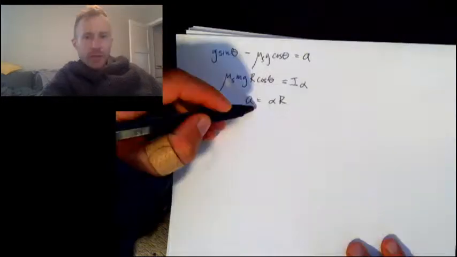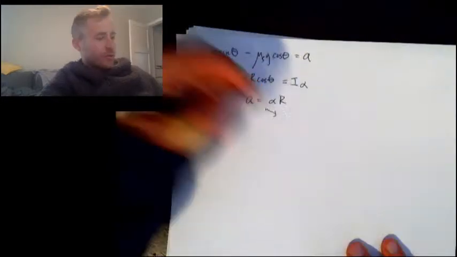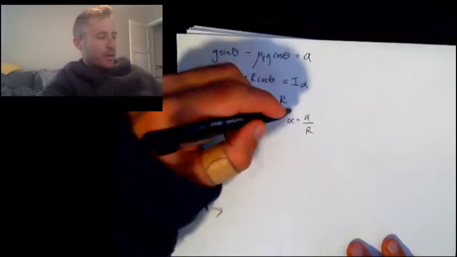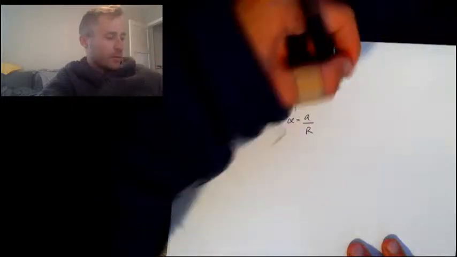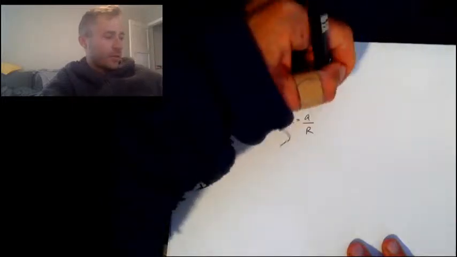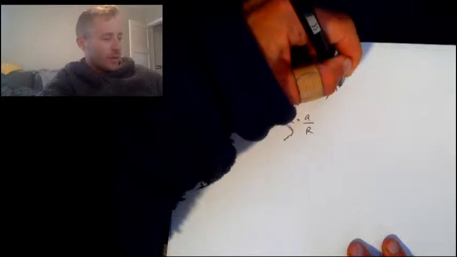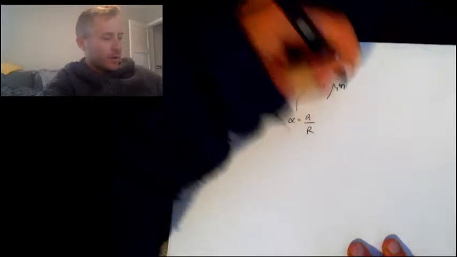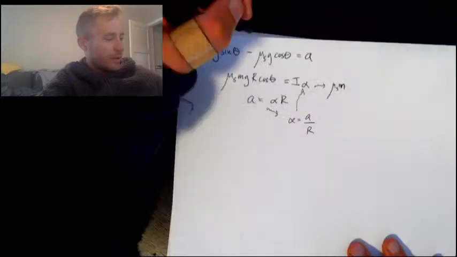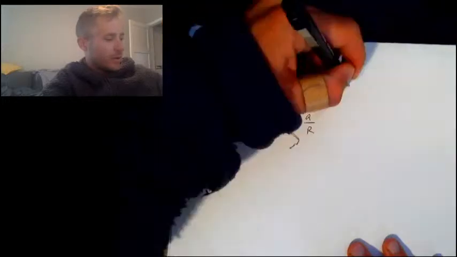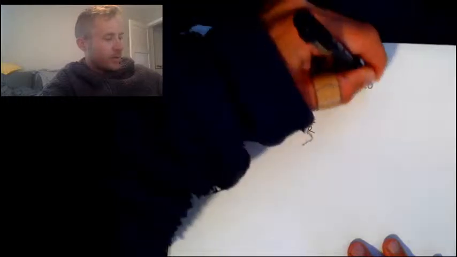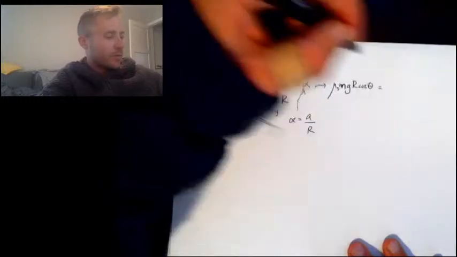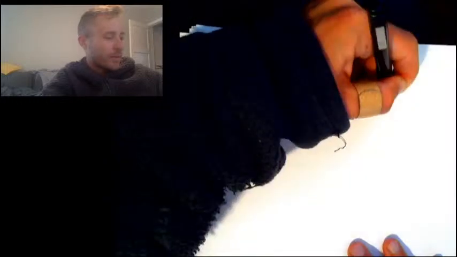So taking this equation, I can just really easily rewrite it as alpha equals linear acceleration over r. And I can plug that in right here. So that says that mu sub s m g r cosine of theta equals I over r times a.